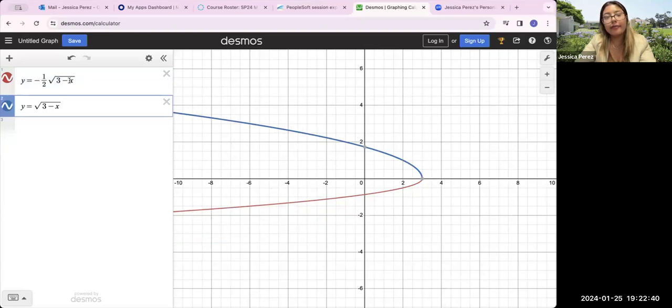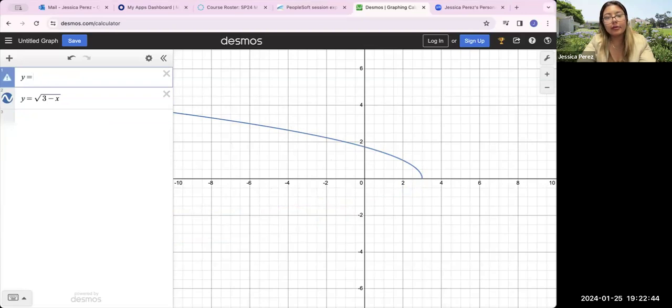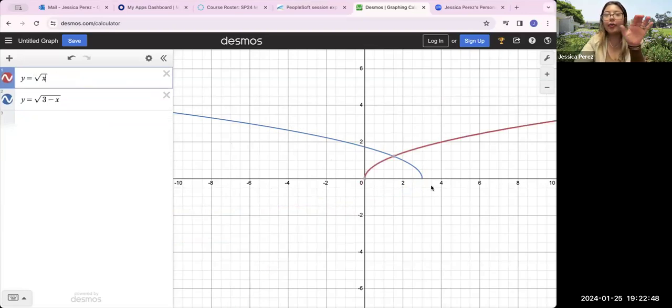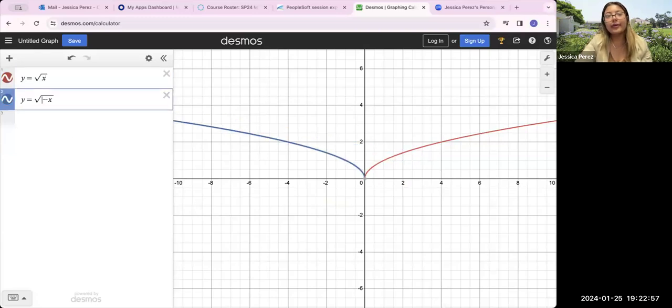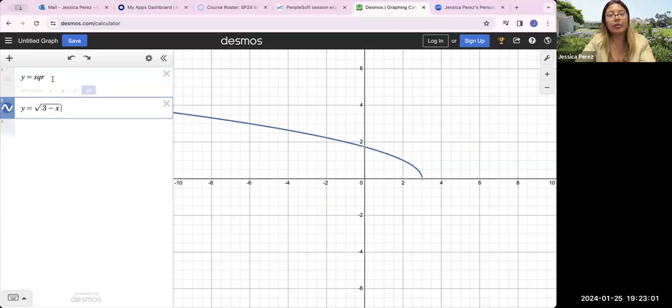So if you have a regular square root of x, see how it's now a reflection across the y because of the negative on the inside. So 3 minus x.